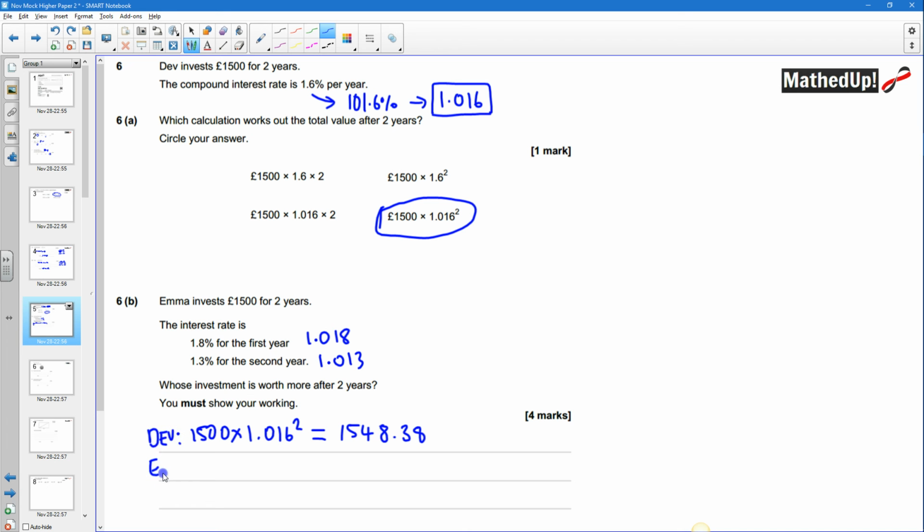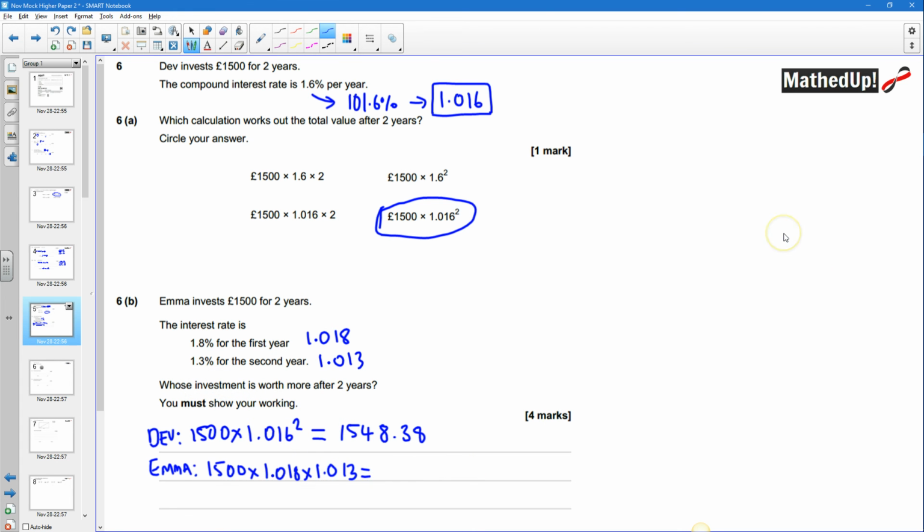Okay, and then for Emma's investment, so that was for Dev down there. Okay, so for Emma's investment, she again starts with £1,500, but now she's going to do this for the first year, so it's times by 1.018 for the first year, and then times by 1.013 for the second year. So this bit's increasing it by 1.8%, and this bit's increasing it by 1.3%.